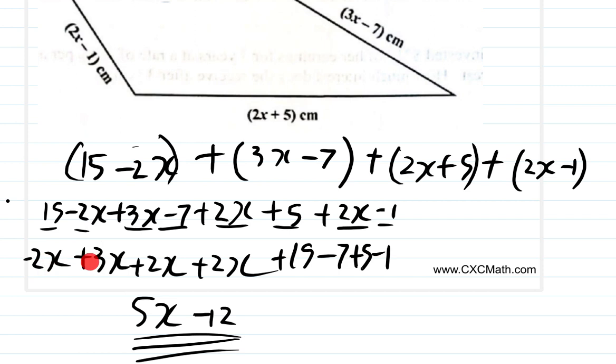Negative 2x plus 3x plus 2x plus 2x, all the x's are down. 15 minus 7 plus 5 minus 1. Negative 2 plus 2 is 0. 3 and 2 is 5, so 5x. 15 and 5 is 20, 20 minus 7, 13.